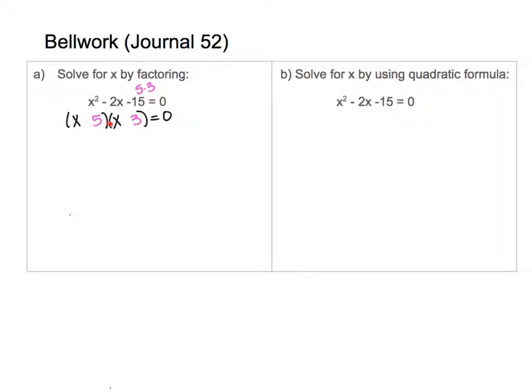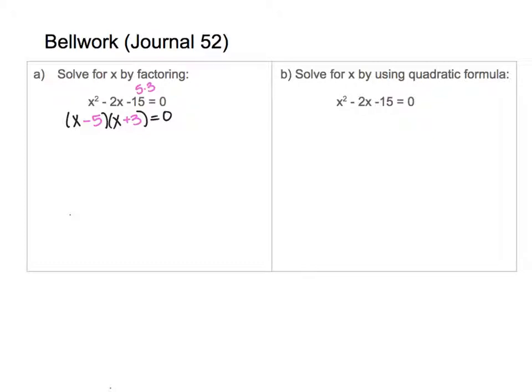The middle term is -2, a negative number, so the bigger number gets the negative sign. Basically, whatever the sign of the middle term is, the bigger number gets that sign. So in this case the middle number is a negative, the 5, the bigger number, is a negative, and then the 3 is a positive.